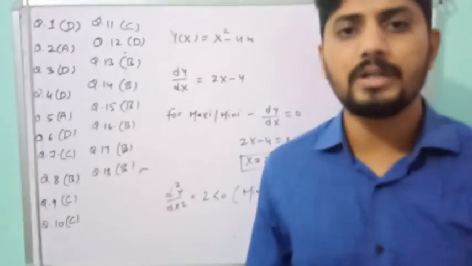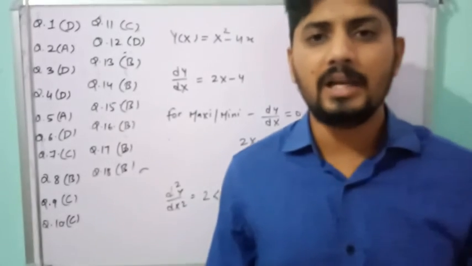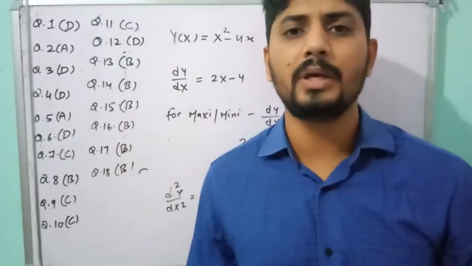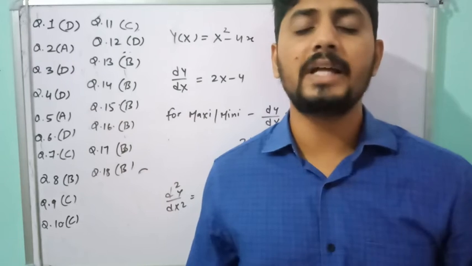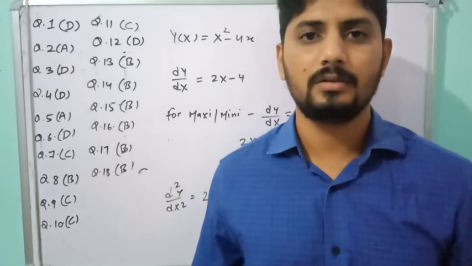But here he is not asking you at what value of x this function is going to give you the minimum value. He is asking you what is the minimum value of the function.